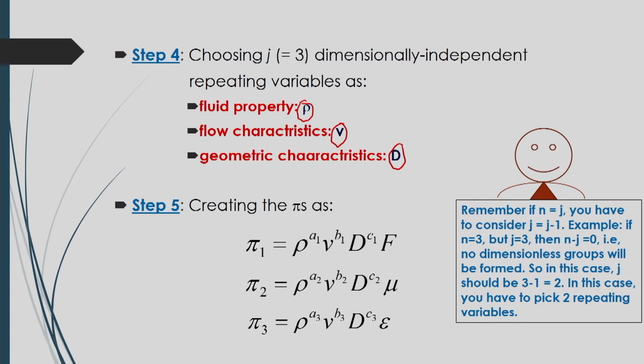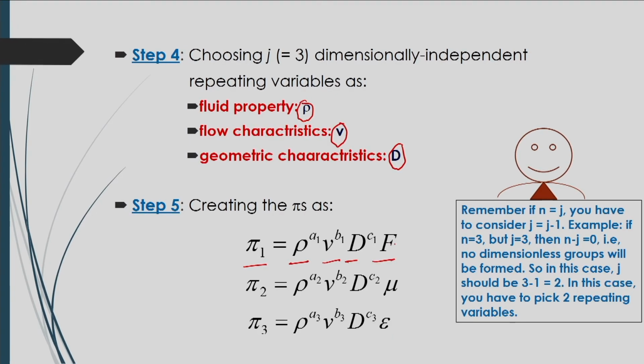What is the principle? Since you are going to form n minus j, that is 6 minus 3, dimensionless groups, they will be phi 1, phi 2 and phi 3. Phi 1 will be equal to rho, v and d, which are the repeating variables, and the non-repeating variables here are f, and the others, mu and epsilon.